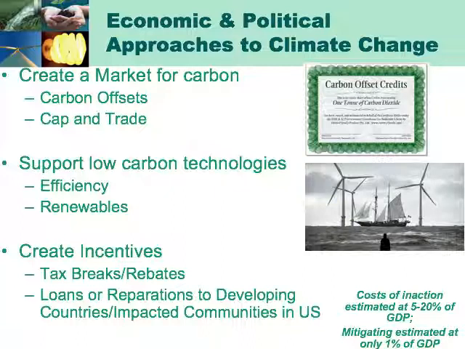Well, one is to create a market for carbon, and this is often done through carbon offsets or cap and trade. Carbon offsetting enables you to take responsibility for the carbon emissions your activities create by paying someone to reduce carbon dioxide in the atmosphere on your behalf.